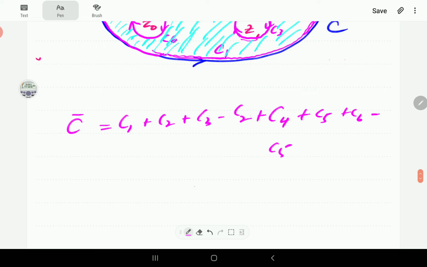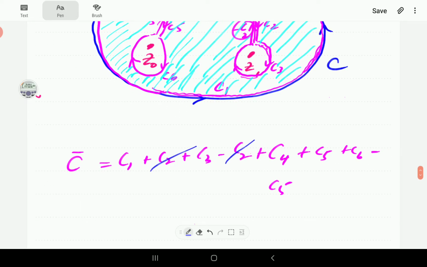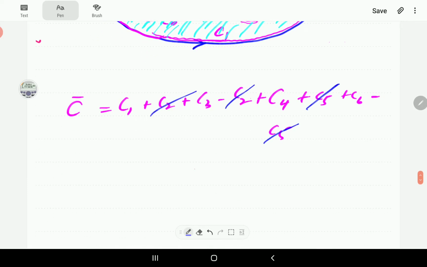Now since C2 cancels itself out, then we can just simply cancel this out. The same thing with C5. So C5 here cancels out. So that means C bar is literally C1 plus C3 plus C4 plus C6.